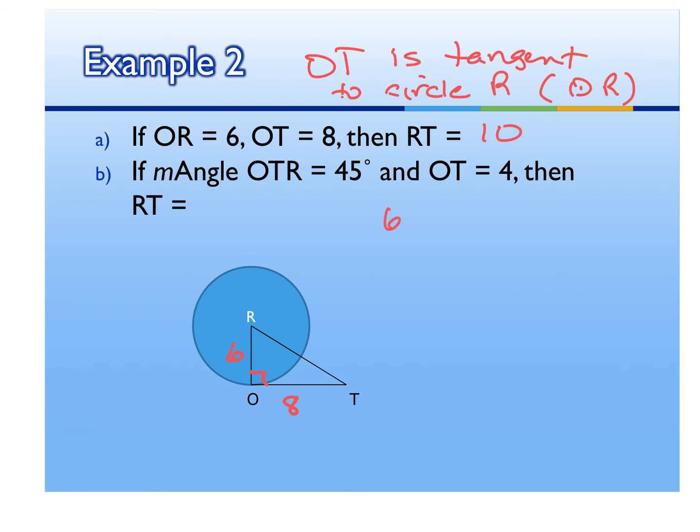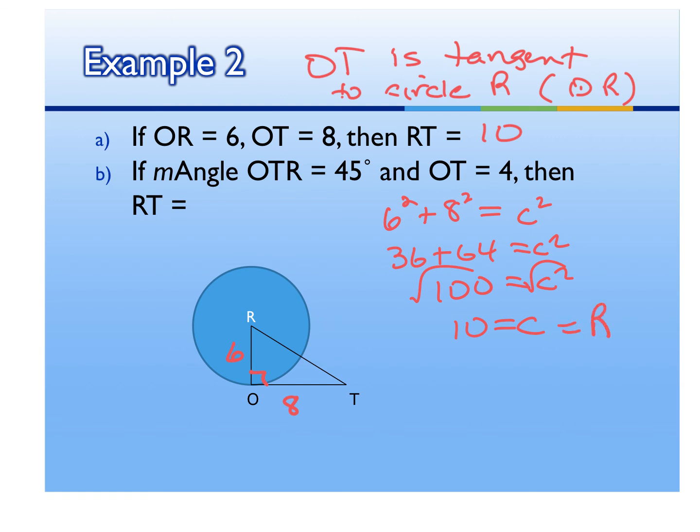So you would do 6 squared plus 8 squared, and then RT, we could say that's our C squared, 36 plus 64, 100, square root, 10 equals C, which is the length of RT.